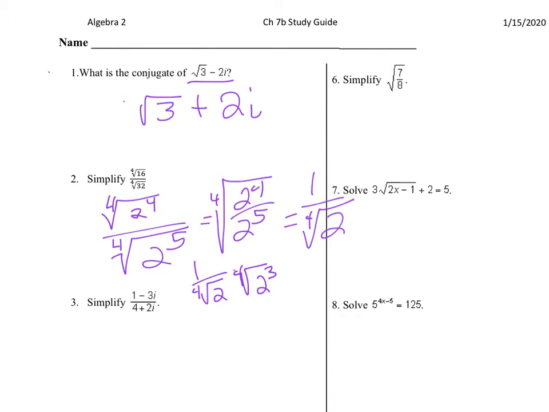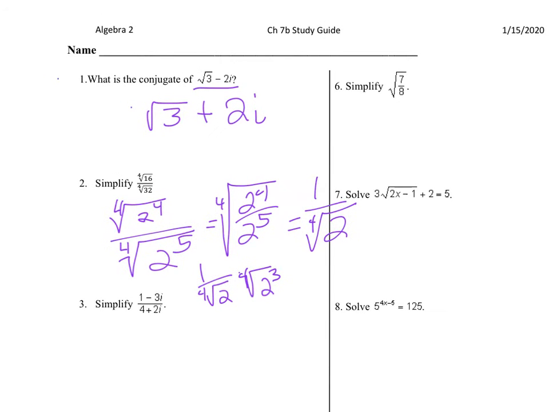I need a total of 4 in order to pull out the radical and get rid of that fourth root. So I have to do it top and bottom. Since this is a 1, when I multiply it, my answer is going to be the fourth root of 2 cubed.